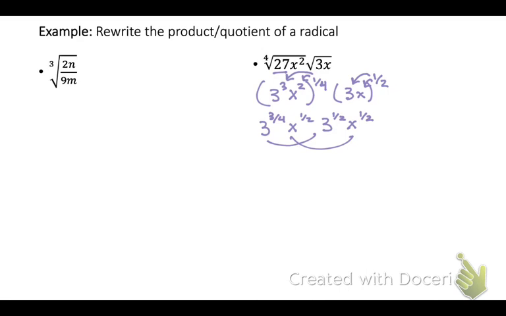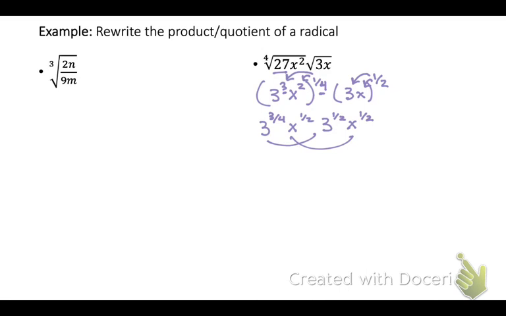How does that 3 become a 3/4 at the beginning? 3 to the 3/4. Because you have a 3 and you have a 1/4. Oh, never mind. I did it wrong. Okay, so I have 3 to the 3/4 times 3 to the 1/2. Well, I'm supposed to add those exponents, yes? So 3 to the 5/4.